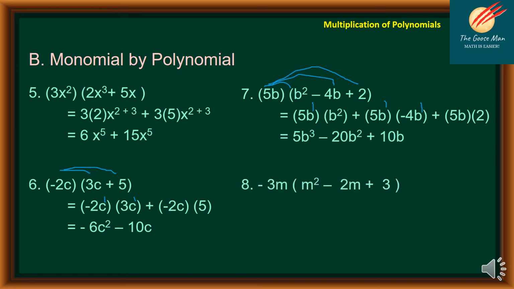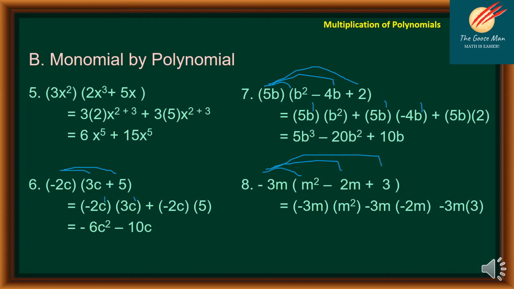Another example is negative 3m times m squared minus 2m plus 3. Again, we will distribute negative 3m. So we have negative 3m times m squared. Then we have negative 3m times negative 2. And finally, negative 3m times 3. So we simplify again.